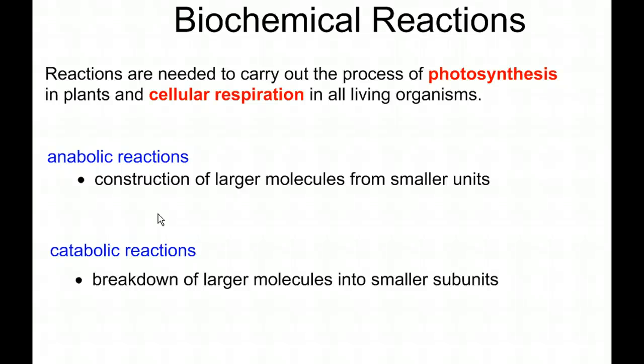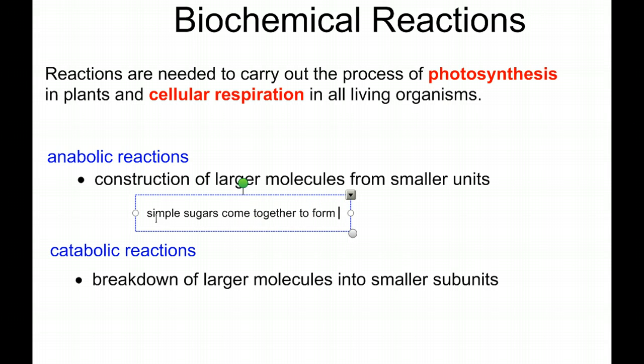Simple sugars can come together, and when they bond, they form more complex sugars, which eventually, when they become large chains, we call carbohydrates. So, for example, let's add that in there. Simple sugars come together to form what we call carbohydrates.